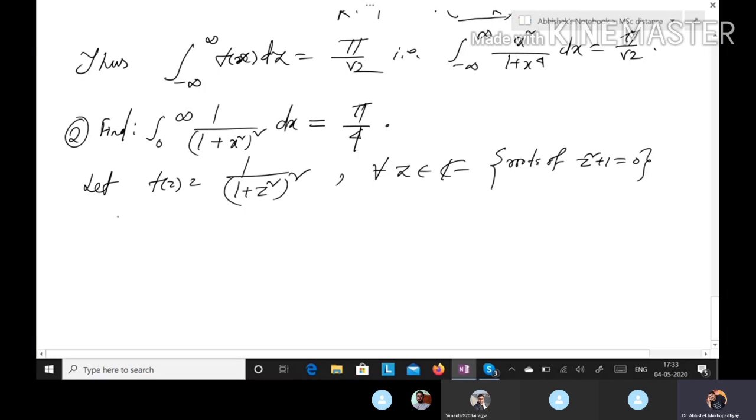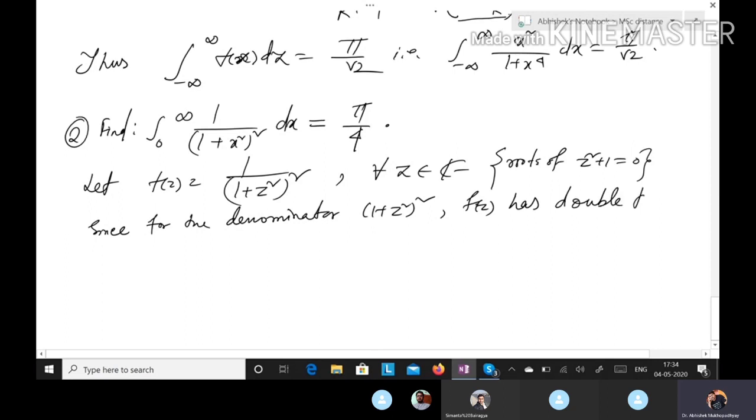So since for the denominator 1 plus z square, squared, f has double poles at z equal to i and z equal to minus i, right?